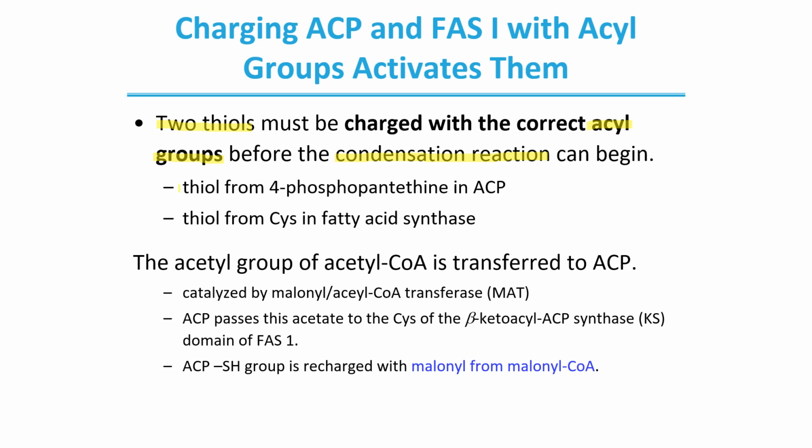One of the thiols is present on the ACP, the acyl carrier protein, and the other one is present on the cysteine residue of the fatty acid synthase. So in the first reaction, the acetyl group will be transferred to the ACP protein, and the malonyl group will be attached to the fatty acid synthase.